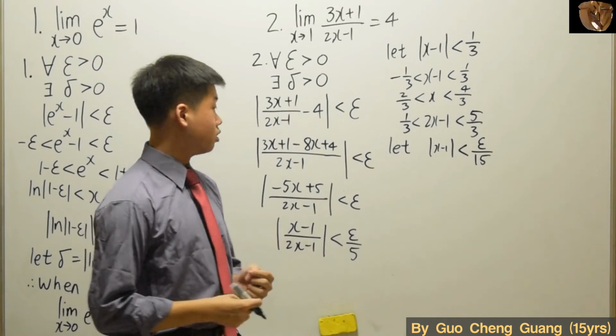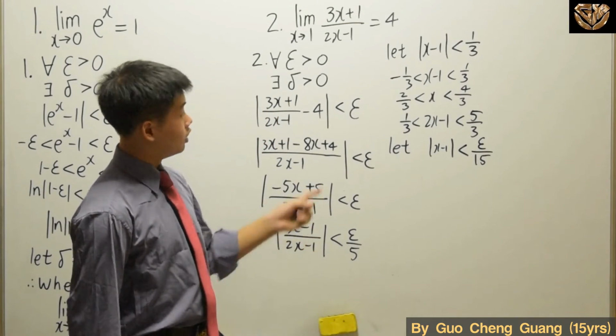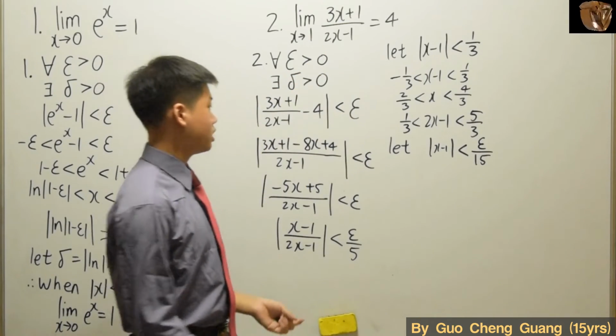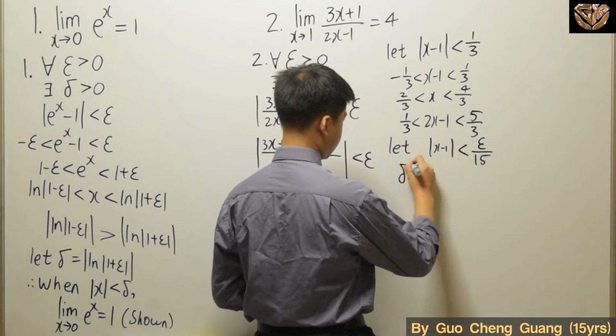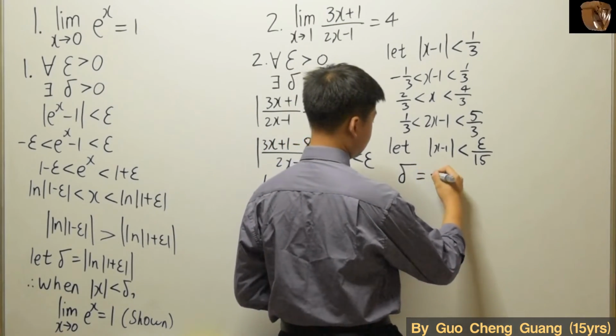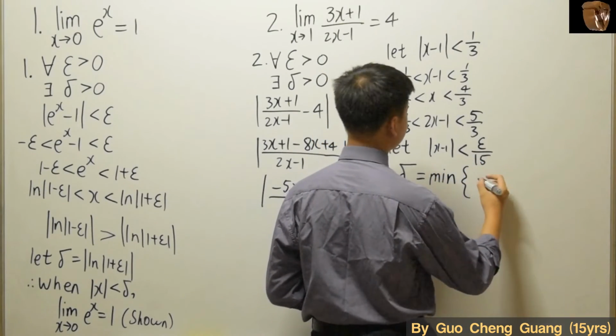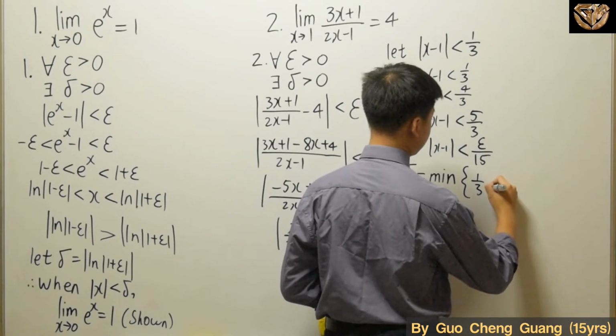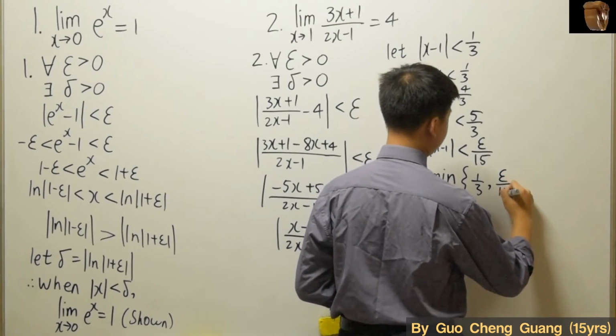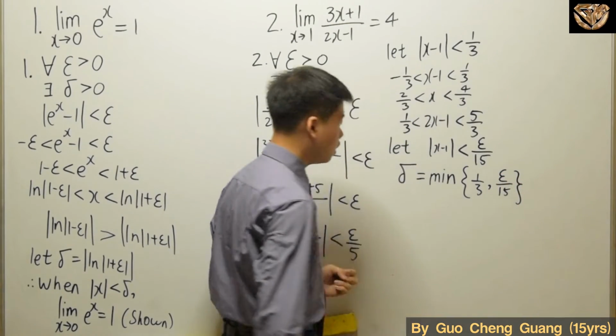Alright? So you would have these two separate cases, which in the end you would consider with delta equals the minimum between 1 over 3 and epsilon over 15.